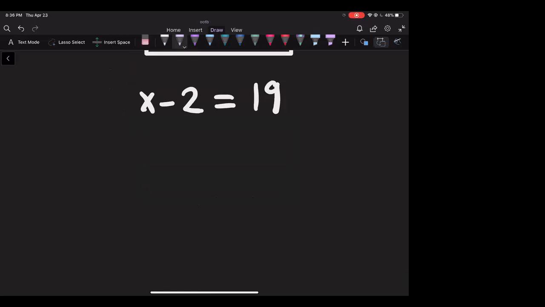Yes. 21. That's good. Because you would add, you have to do the opposite. I just added 2 to 19. And then I wrote that's the answer. Yep, exactly. You have to add 2 to either side.